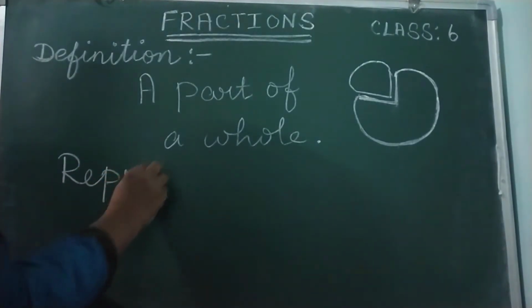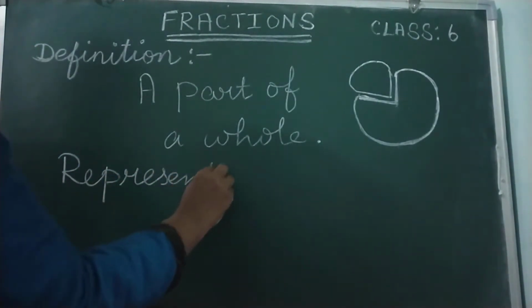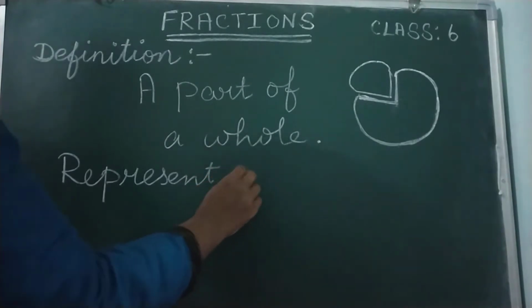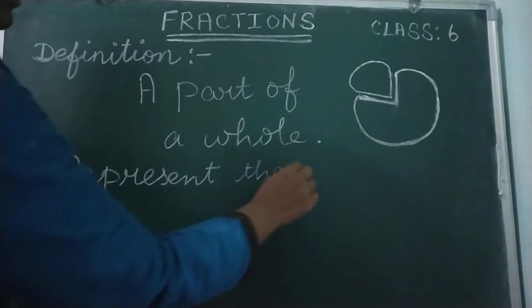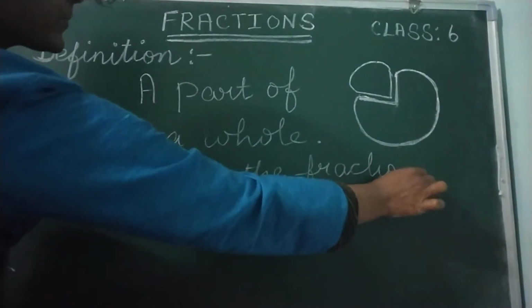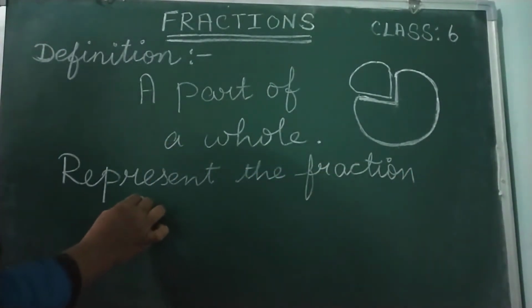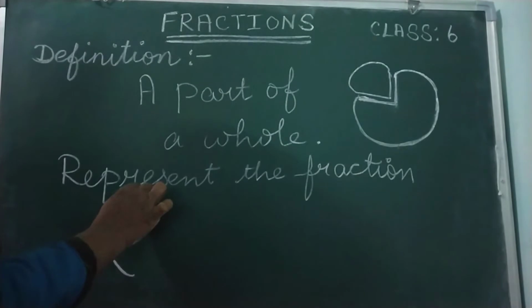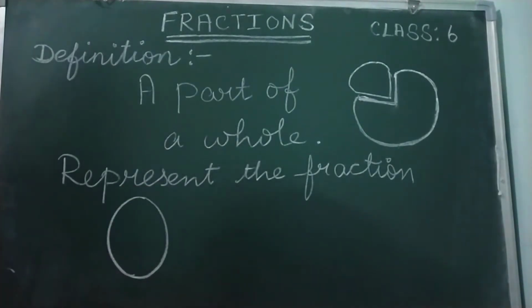And let's see how to represent the fraction. Okay, there is one circle. In that, if it is like this whole thing, this is called whole.